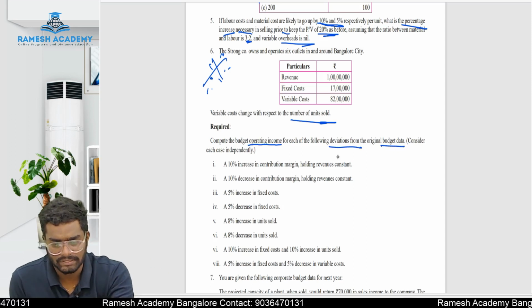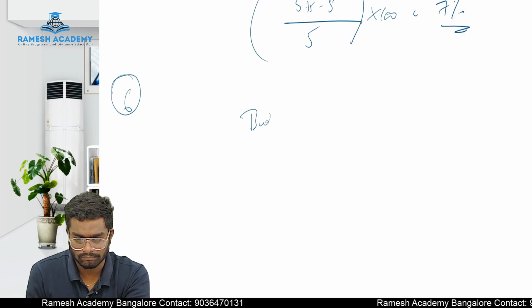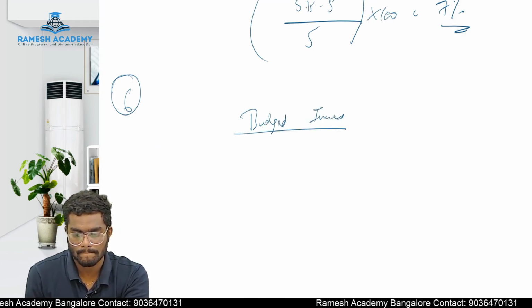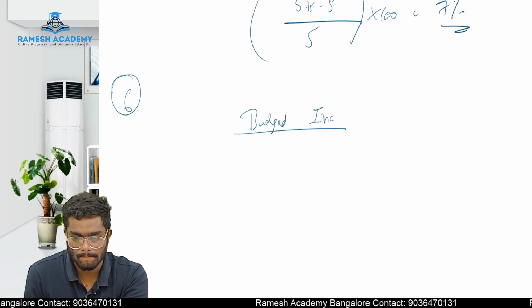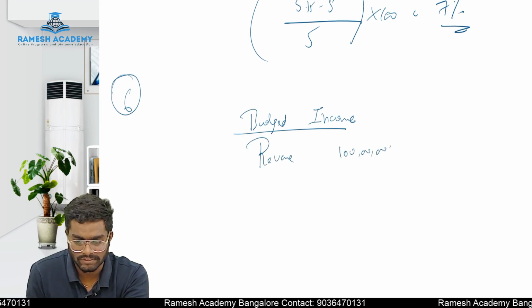So first we'll prepare the budgeted income now. Revenue is 1 crore, 1 followed by 7 zeros.